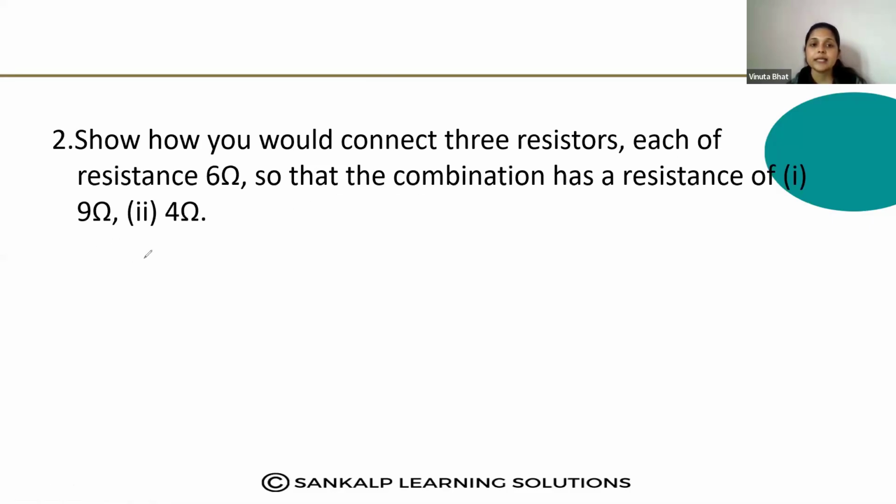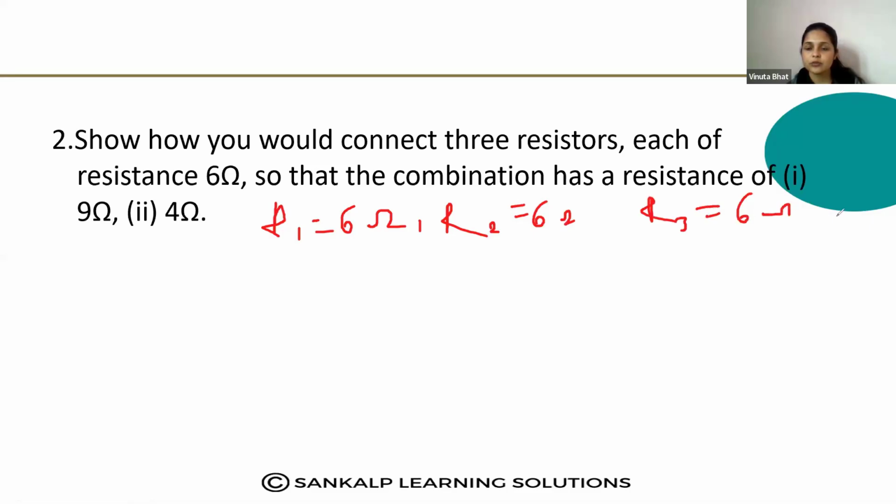Here, three resistors: R1 is equal to 6 ohm, R2 is equal to 6 ohm, and R3 is equal to 6 ohm. So this is the three resistors. The combination of resistors should have a total resistance of 9 ohm and 4 ohm. How should you connect these resistors?